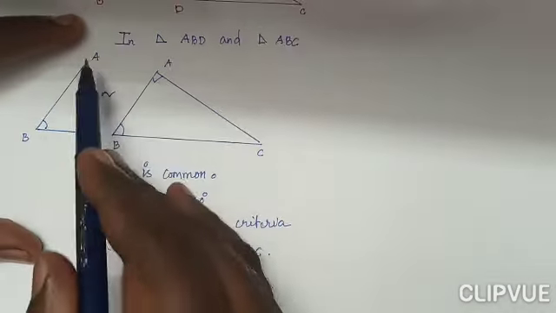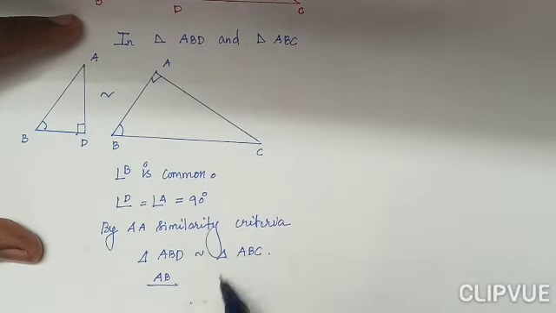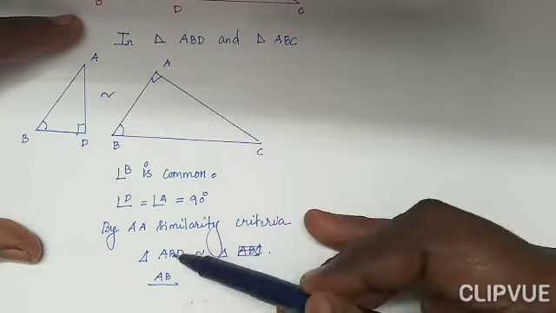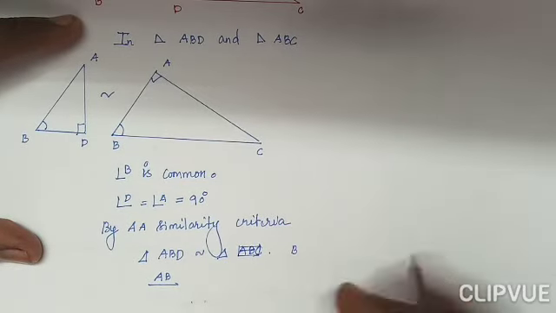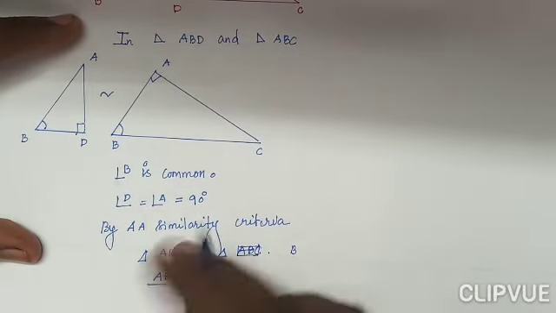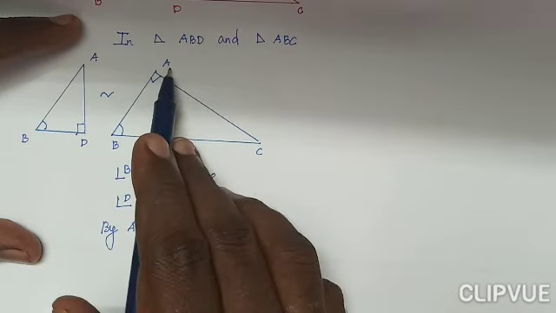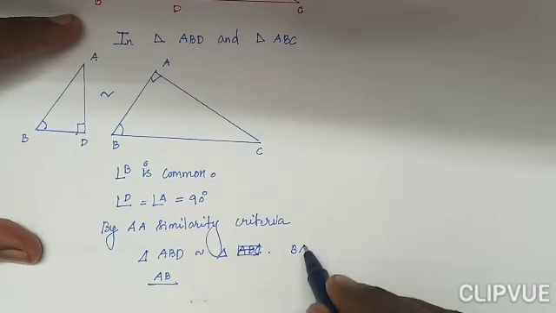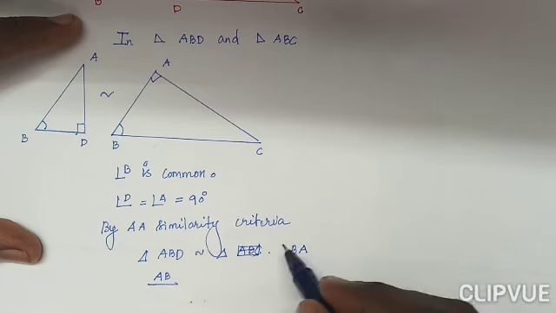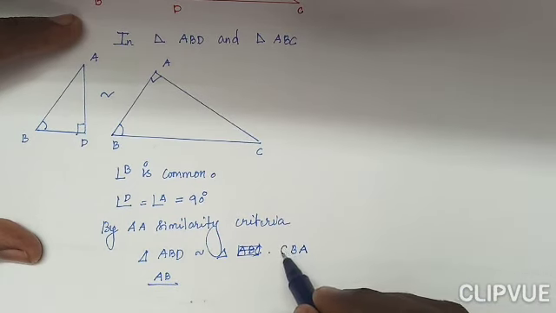Listen, triangle ABD is similar to... here angle B should be in the middle. Then angle D is equal to angle A, which is 90 degrees. So here we write A, so it should be written as CBA.